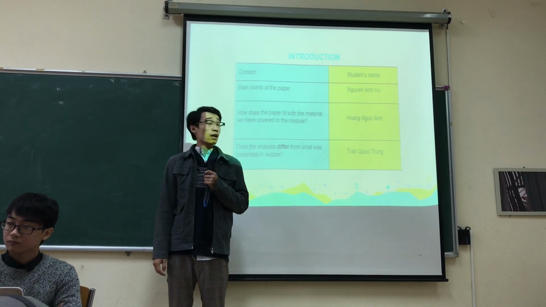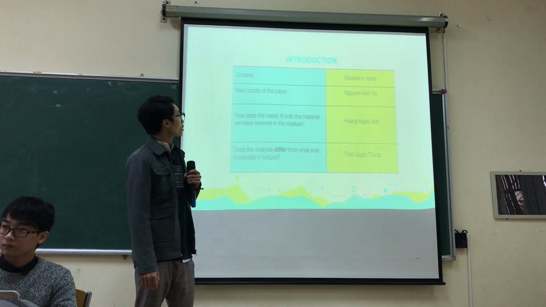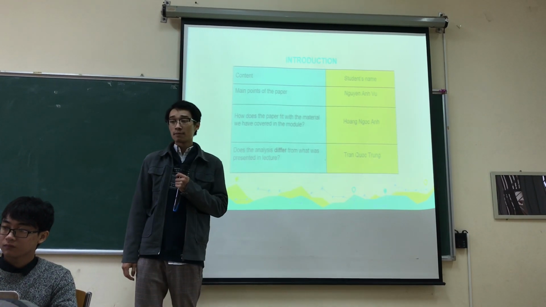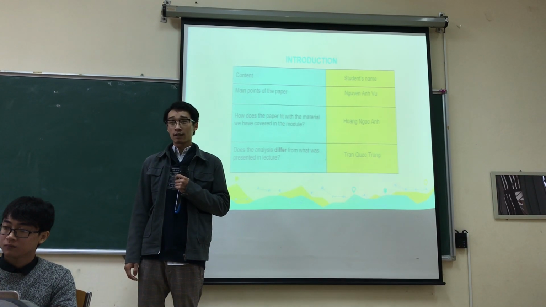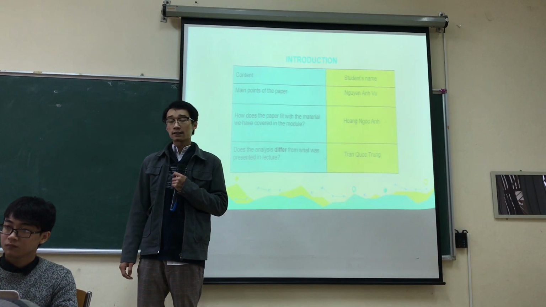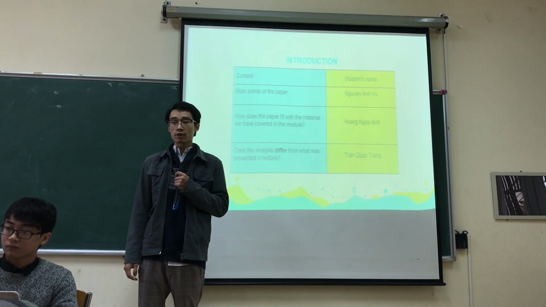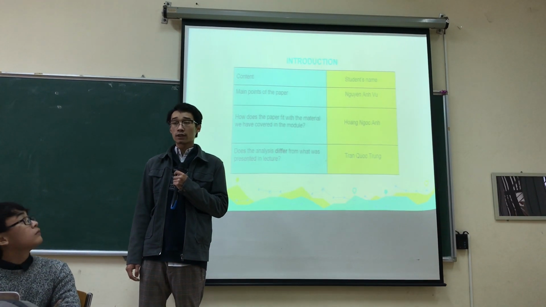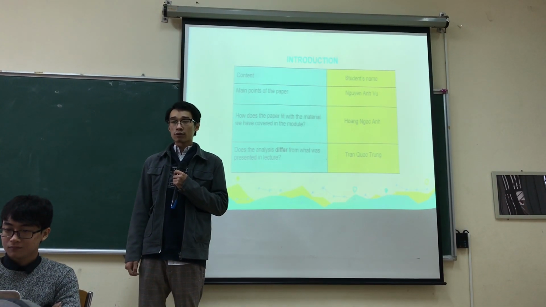First I want to talk about the content of this topic. The first is the main point of the paper, which I'm going to present, and the summary. Second is Ngawang. She's going to answer how the paper fits with the material we have covered in the model. Third is Kuchung.